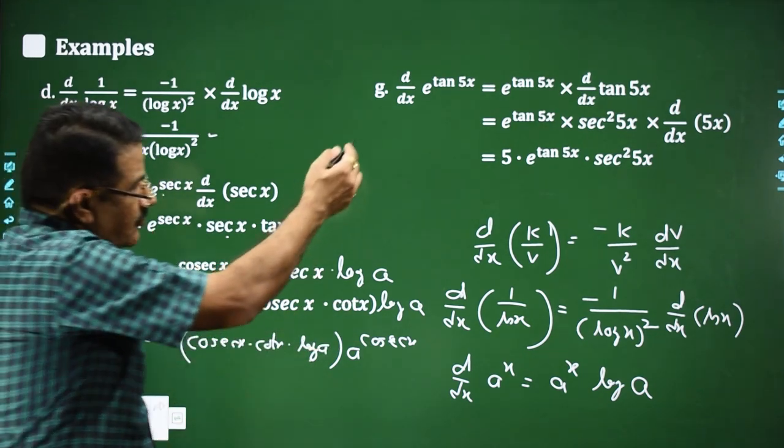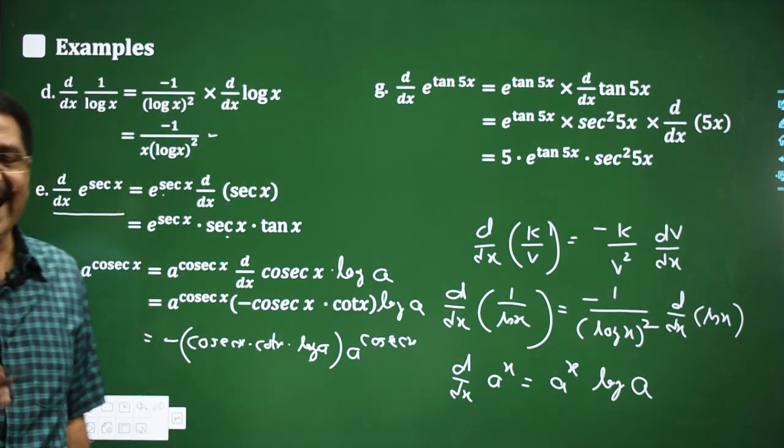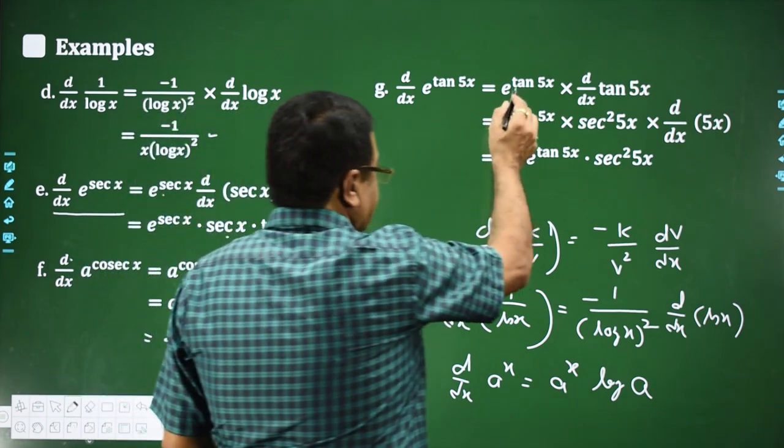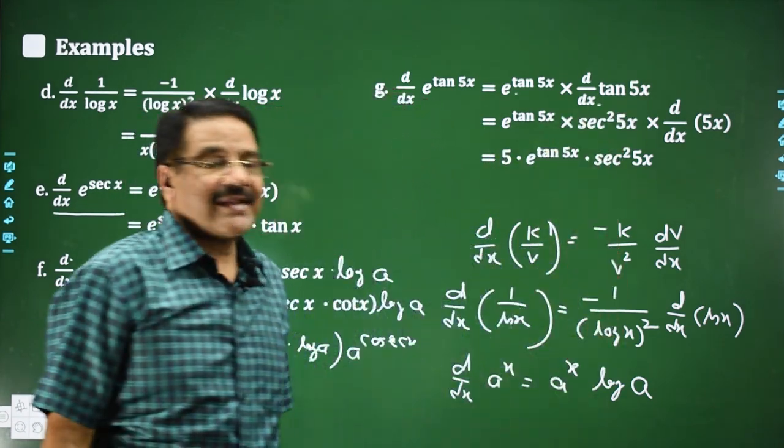Okay. Let us go for one more example, e raised to tan of 5x. So, the derivative of the exponential term again as it is, into d by dx of tan of 5x.